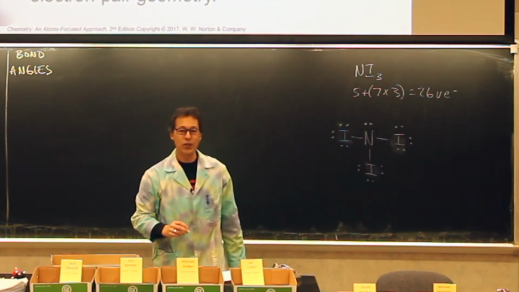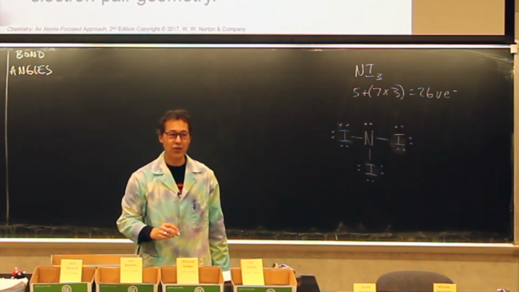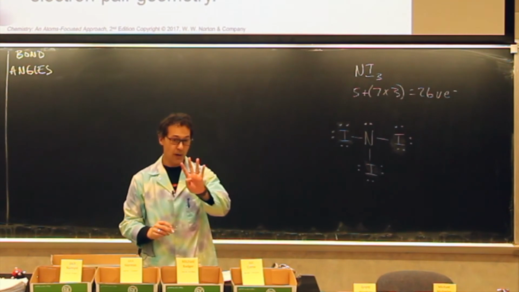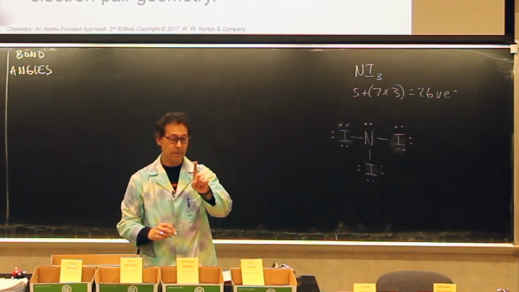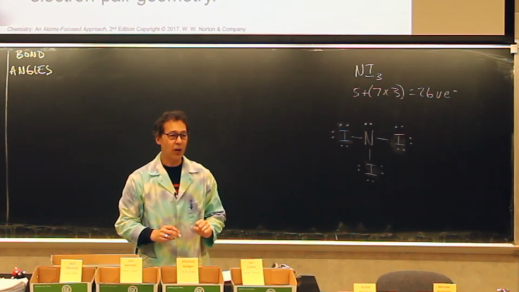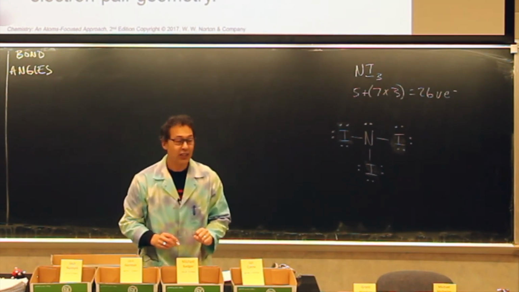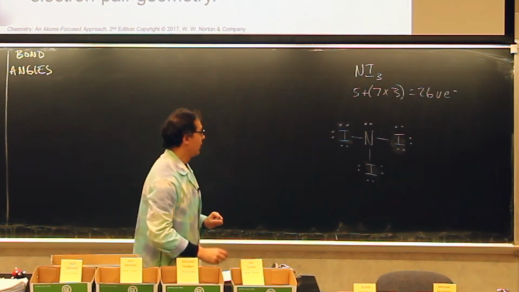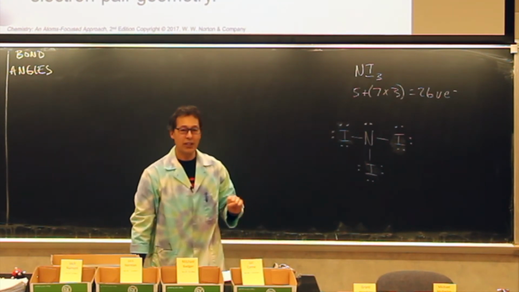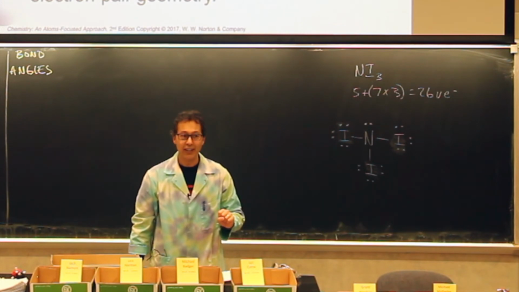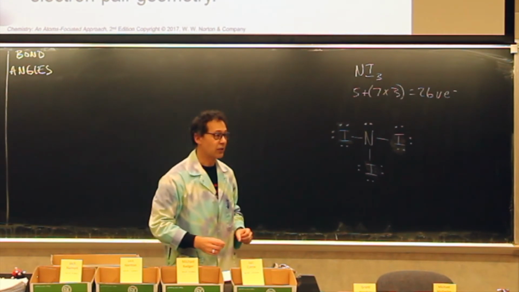Now, what is the steric number on nitrogen triiodide? 4. We have 1 lone pair. So our electron domain geometry would be tetrahedral. And then our molecular geometry would be trigonal pyramidal. Excellent.